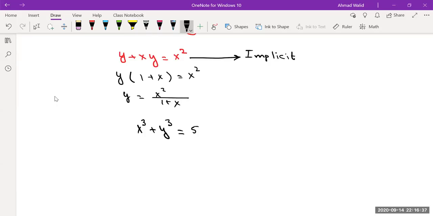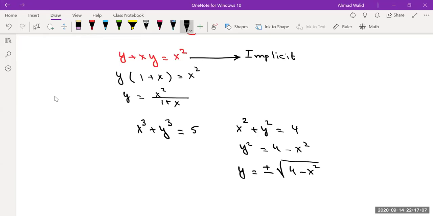The main idea is that implicit equations can define more than one function. For example, let me put another one for you and simplify it. If I have x squared plus y squared, for example, equal to 4, and I solve for y, y squared equals 4 minus x squared, so y equals plus or minus the square root of 4 minus x squared.